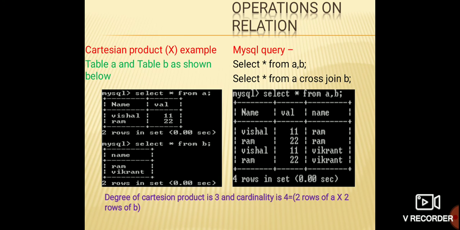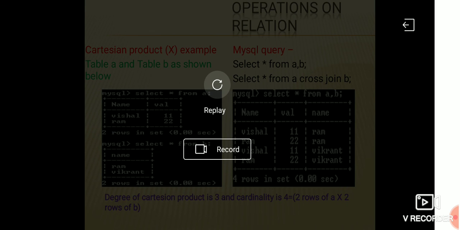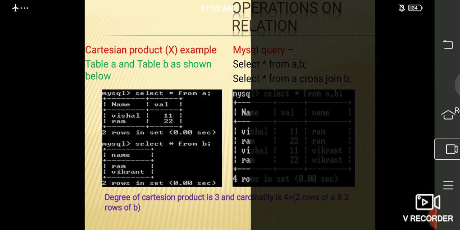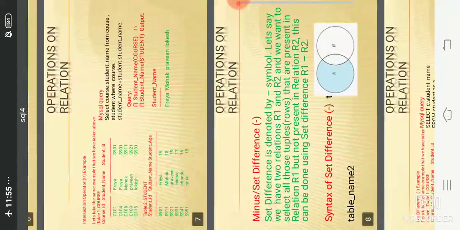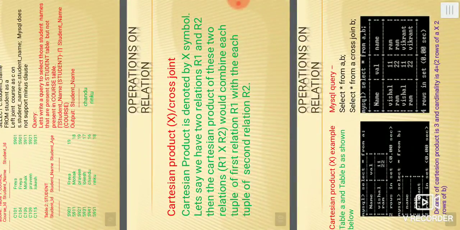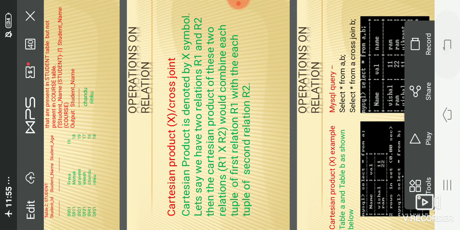After that Ram 22 Ram, and then Ram 22 Vikrant. Each row will be combined with the second table. So this is all about it.